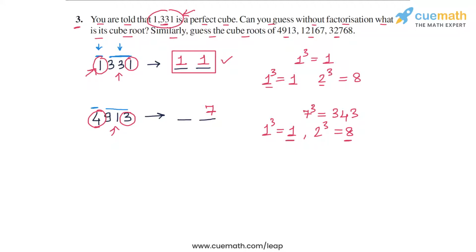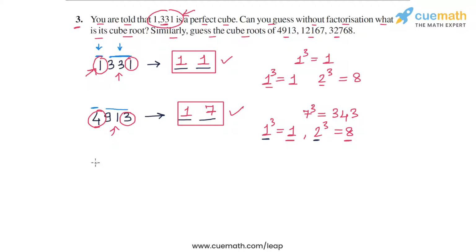The smaller of these is 1, so in the tens digit also we will have 1. So the cube root of 4913 is 17.